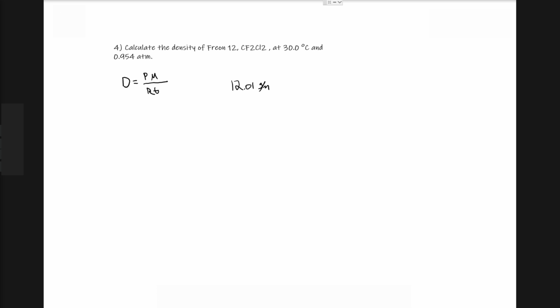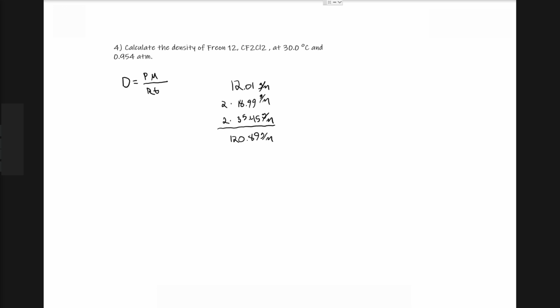We have fluorine, so we have 2 times 18.99 grams per mole. And we have 2 chlorine, so 2 times 35.45 grams per mole. And if you add this all up, you're going to get around, again depending upon what version of the periodic table you're using, 120.89 grams per mole.